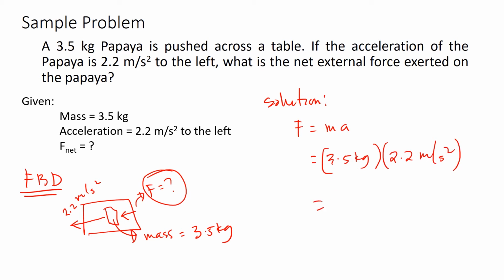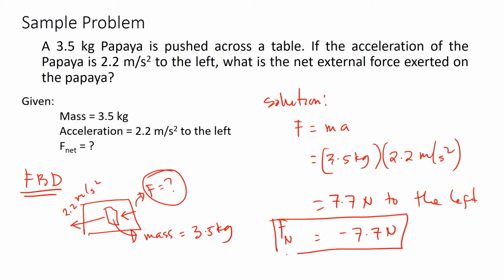So 3.5 times 2.2 meters per second squared is equal to 7.7 newtons to the left. Or we can also rewrite this as negative 7.7 newtons, and this will be our net external force.